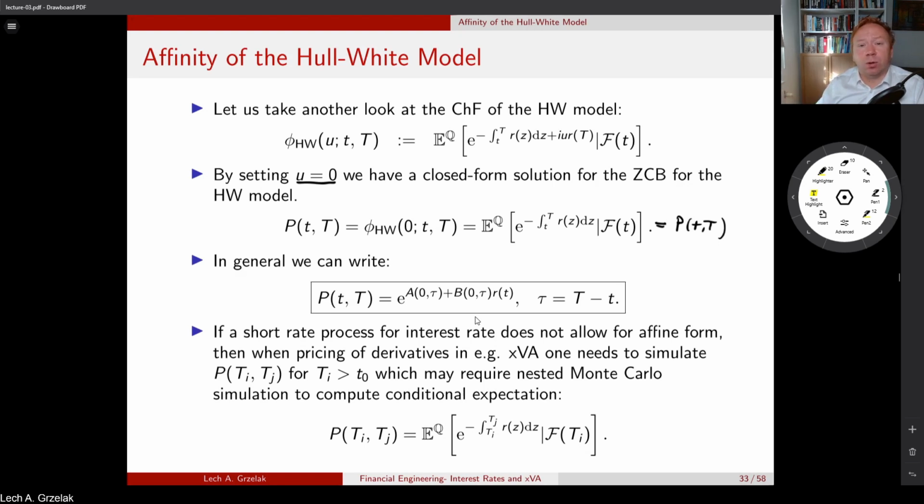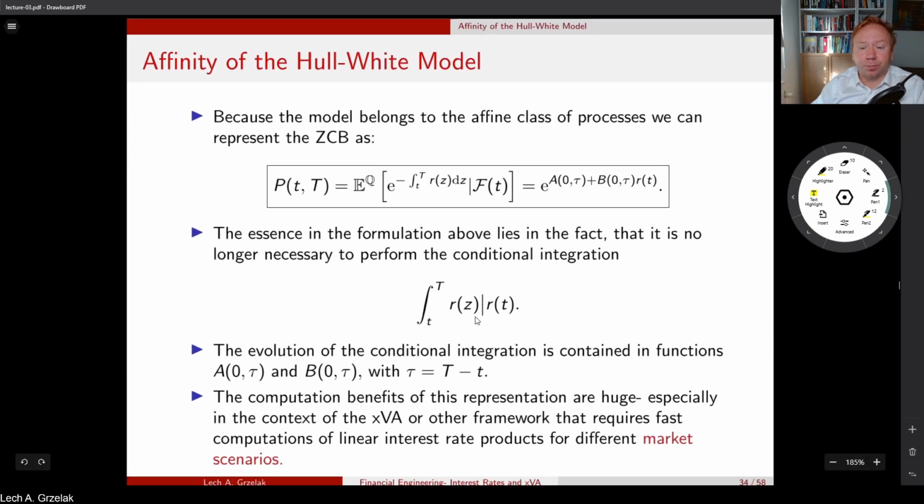Otherwise, the model would still need to be recalibrated to the market. In equilibrium models, the theta(t) function would need to be found with some optimization, which is extremely expensive, especially if we talk about 10,000 simulations, possible market scenarios, for which we have to calculate the value of our portfolio.